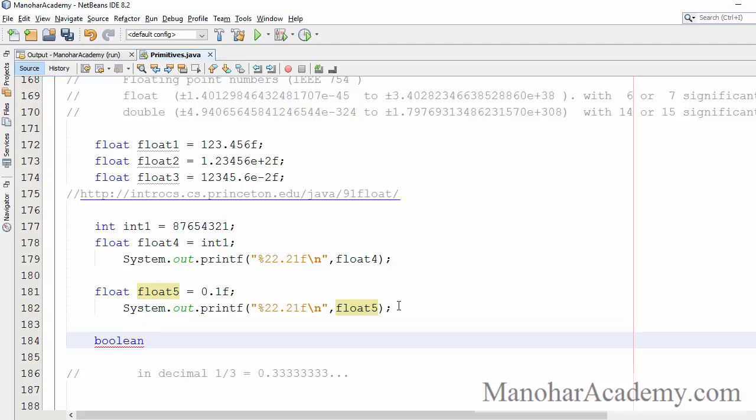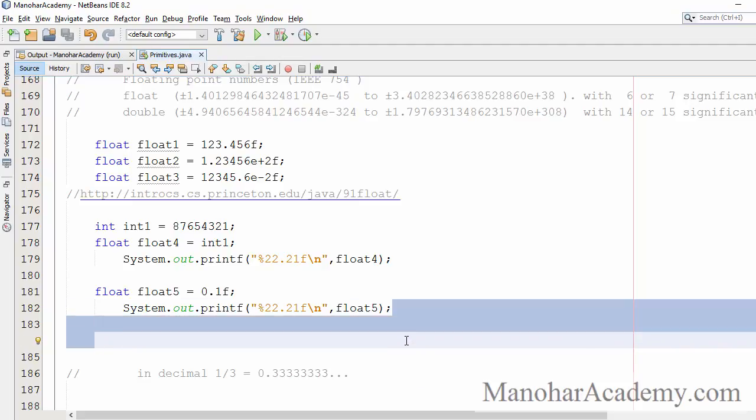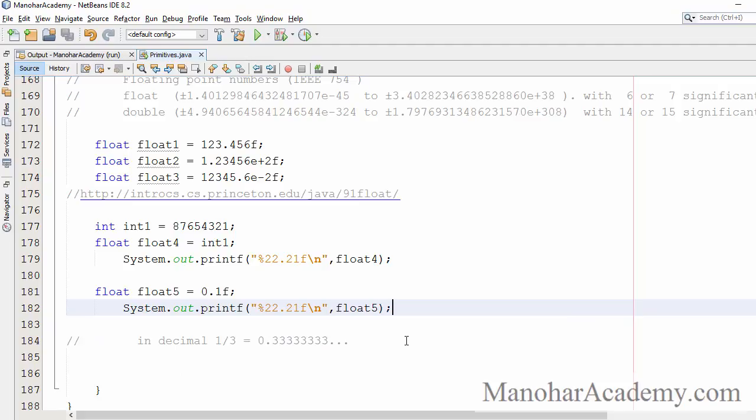Boolean compare floats, equal to, okay, we will take 0.1. Is it equal to? This we will see later because we haven't covered comparison operators, so I don't want to give those kind of details at this time and confuse you.